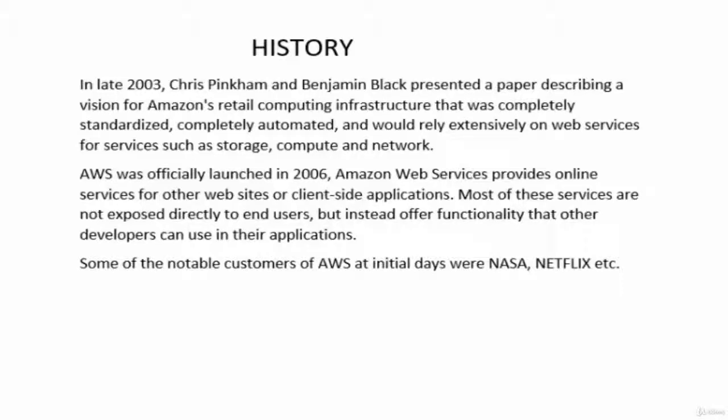AWS services are accessed over HTTP, using the REST architectural style and SOAP protocol. All these services were built based on usage, so that is how the pay-per-usage model came. At that time the billing varied from service to service, and the same is followed right now as well.